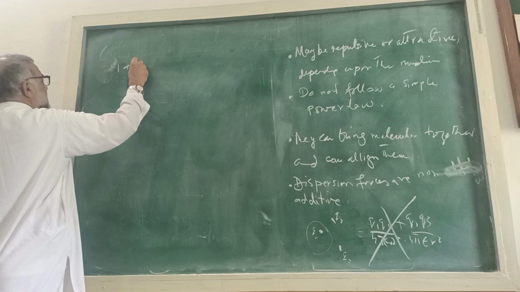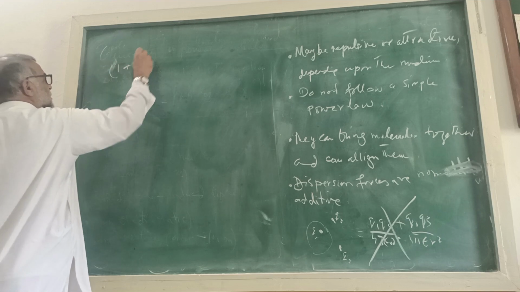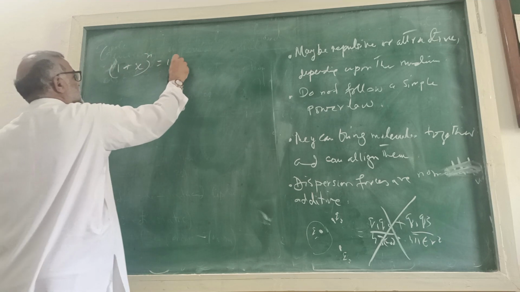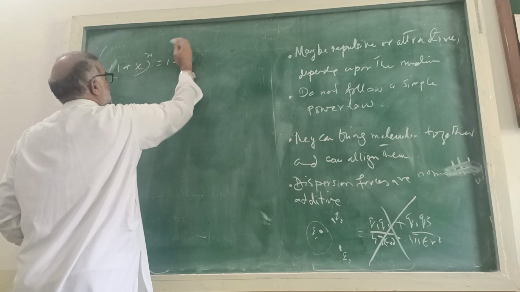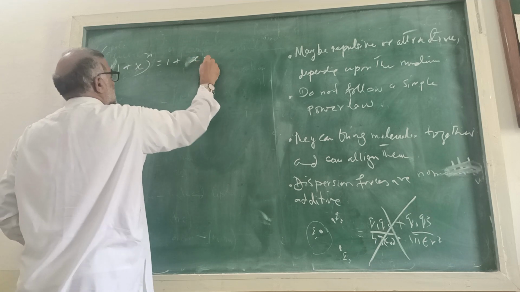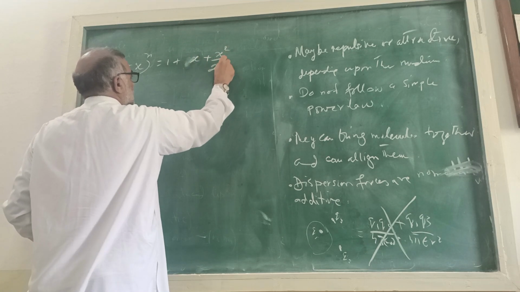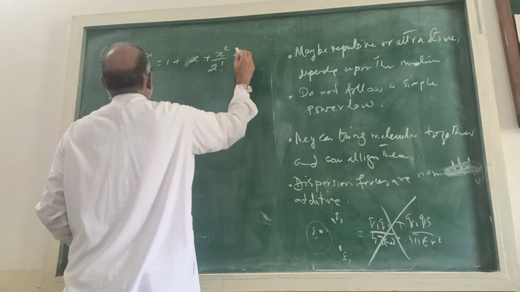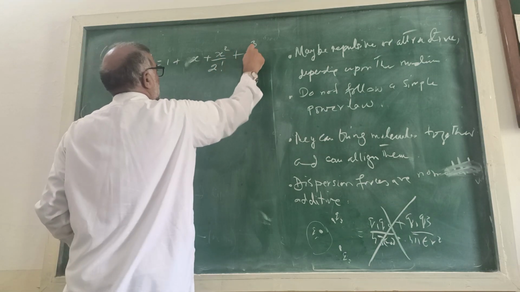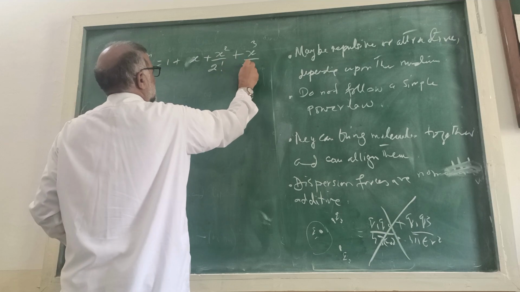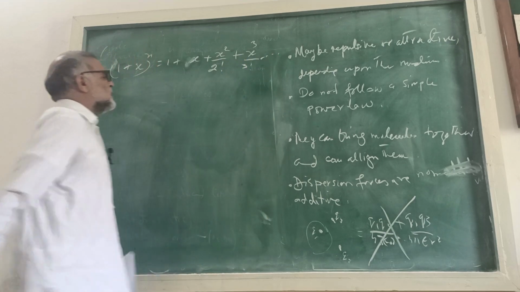1 plus x to the power n is equal to 1 plus nx plus x squared divided by 2 factorial plus x cubed by 3 factorial and so on.